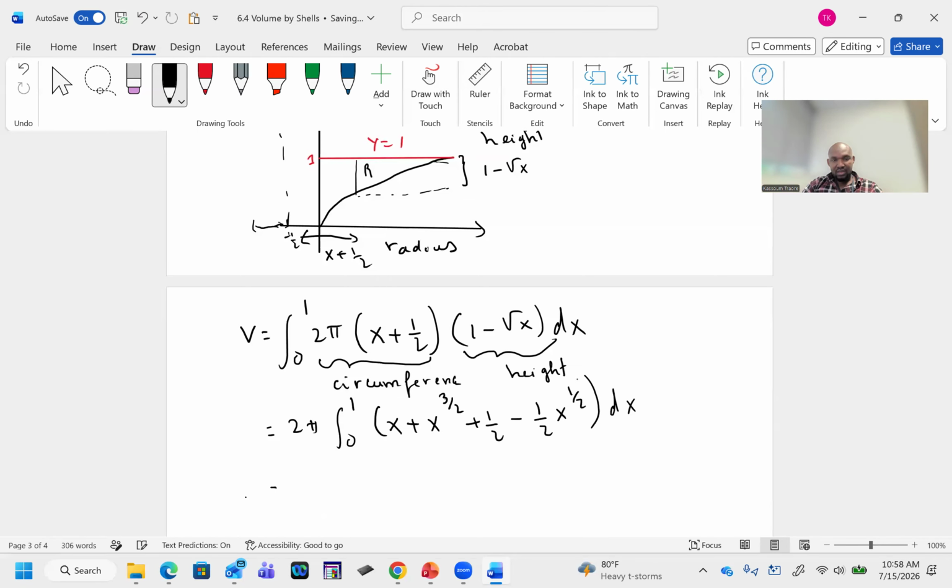which will be 2 pi times 1/2 X squared minus, this sign is supposed to be minus, right?